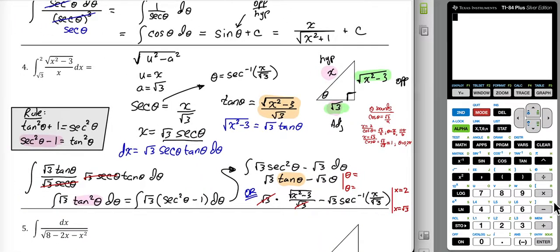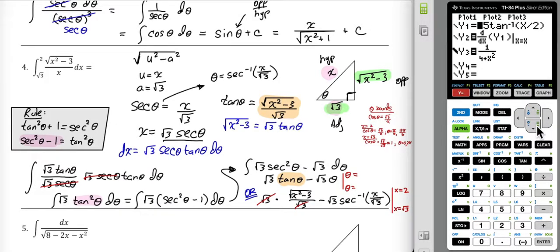So what I can do is go to my calculator and graph the original integrand. We're going to have the square root of x squared minus 3, and that's over an x.